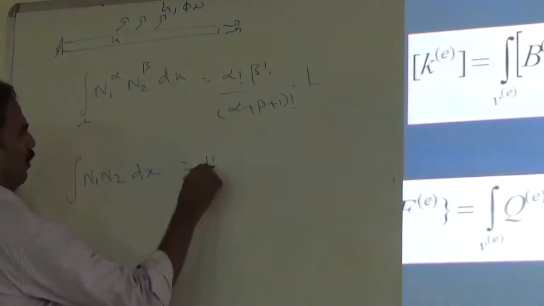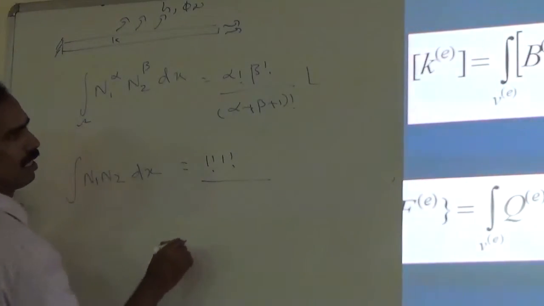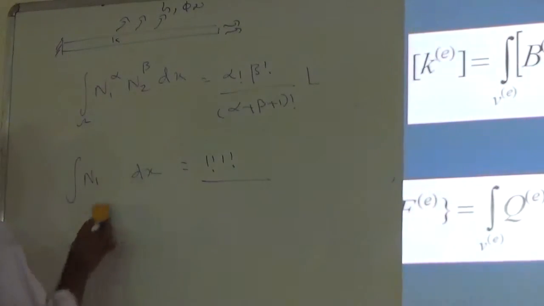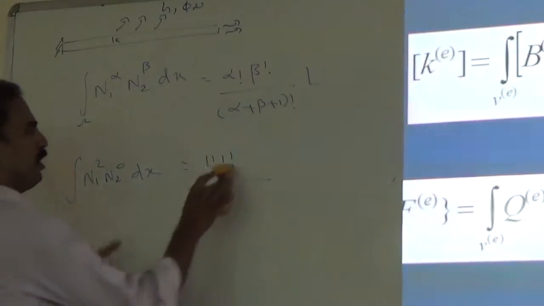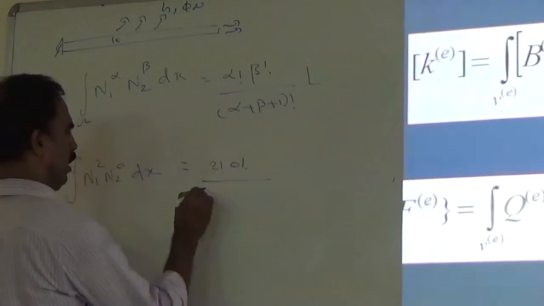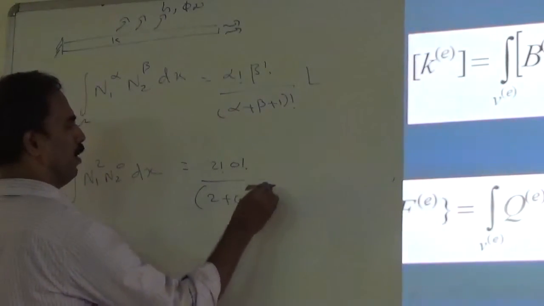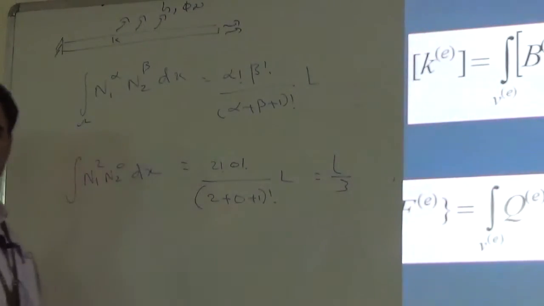The first case is N1 square, I mean N2 power 0. So 2 factorial, 0 factorial, over 2 plus 0 plus 1 factorial, into L. What you will get? L by 3.